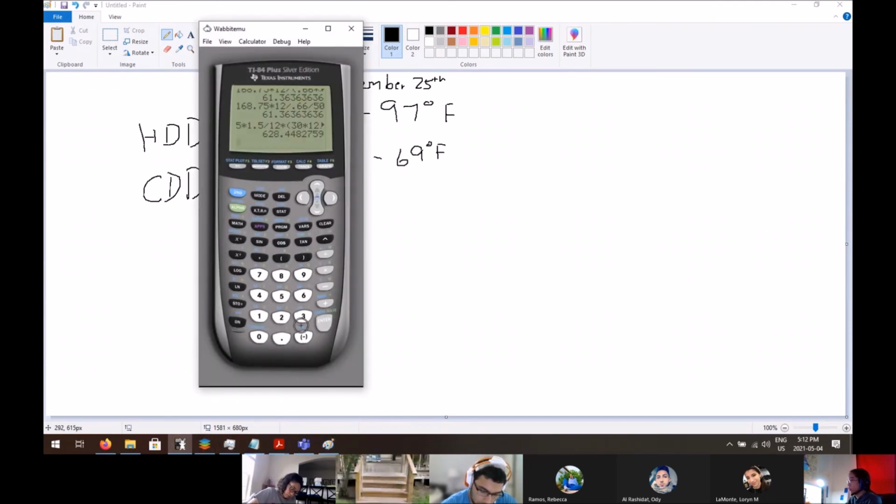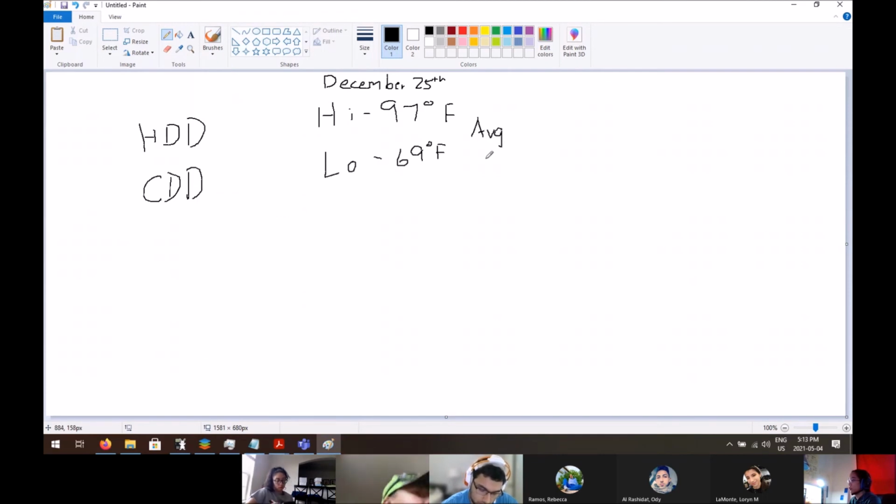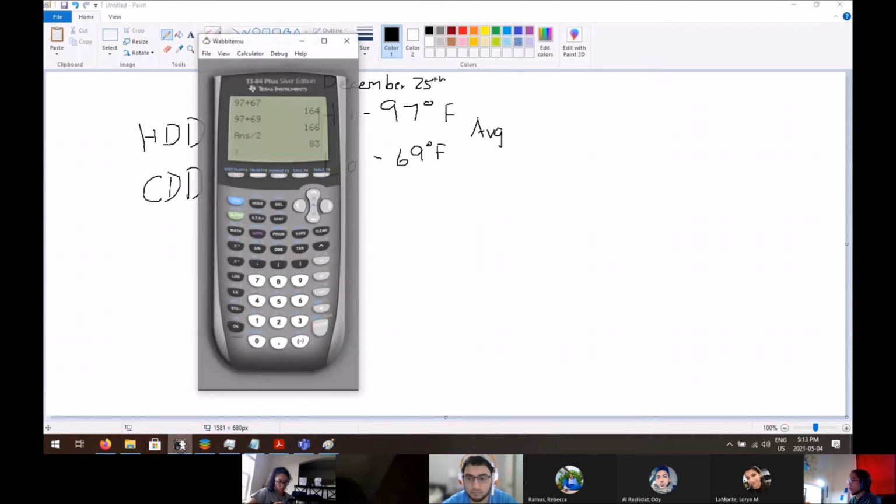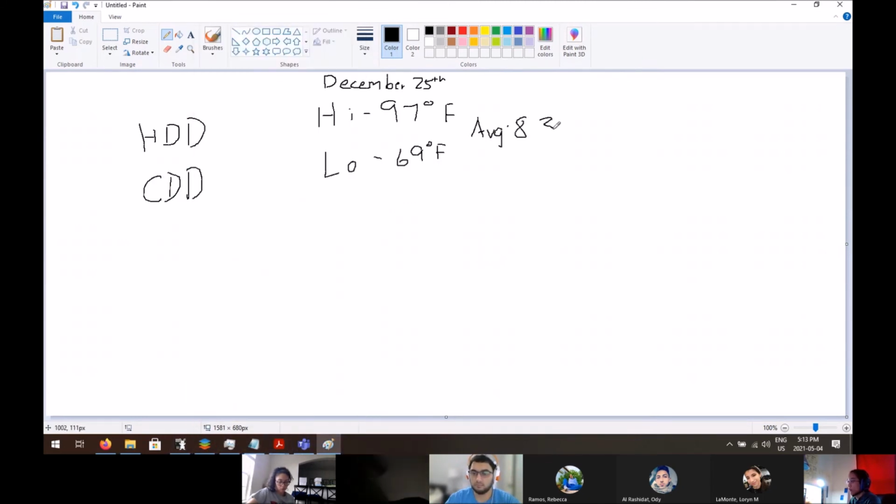So our average temperature is 83 degrees Fahrenheit. What do we do with this? Well, we have to determine a standard. The standard temperature, the normal temperature, is 65 degrees.